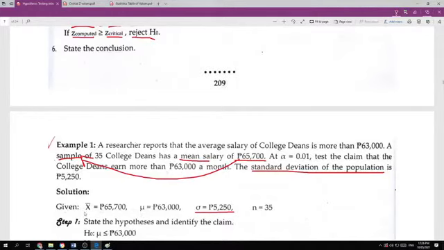My sample mean is 65,700. And then the researcher, the one who made the study, that is the population mean. So whatever is the report of the researcher, that is the population mean. Okay? Now, is this clear? That's why the population mean is 63,000 and the sample mean is 65,700. Is that clear, by the way, Section Galileo?